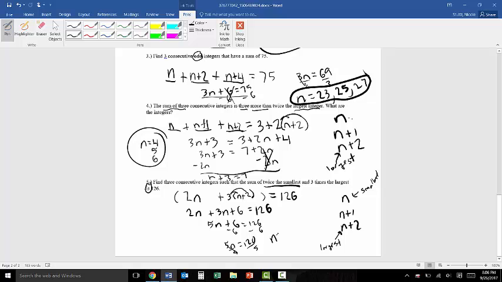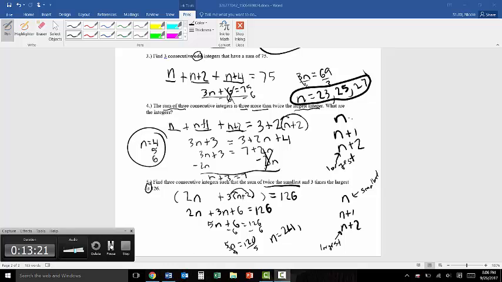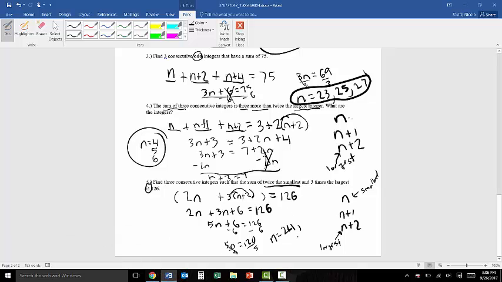So that will actually end up giving you 24. And so your next number will be one more after that, and then one more after that. So those are your 3 magic integers.